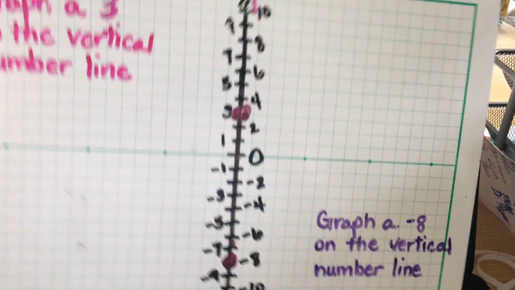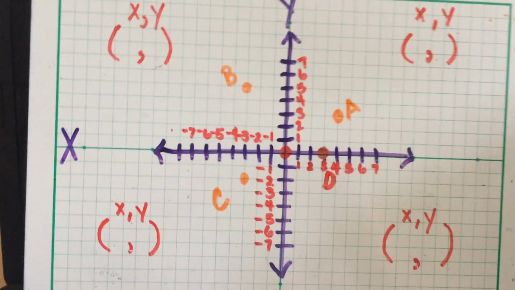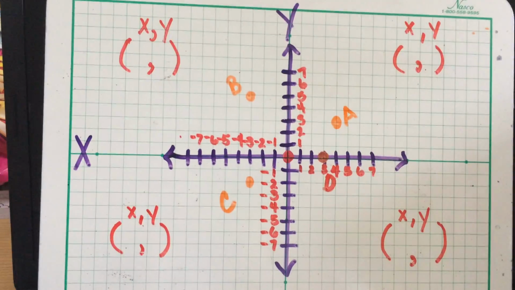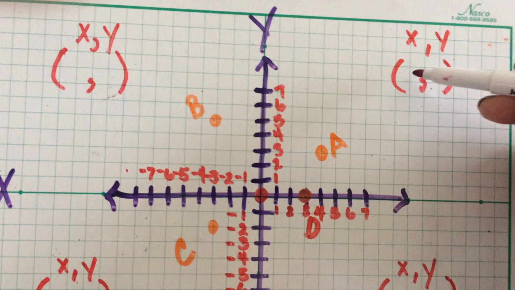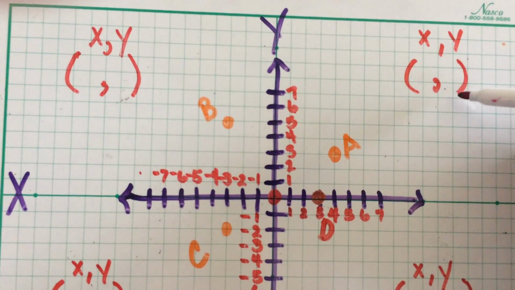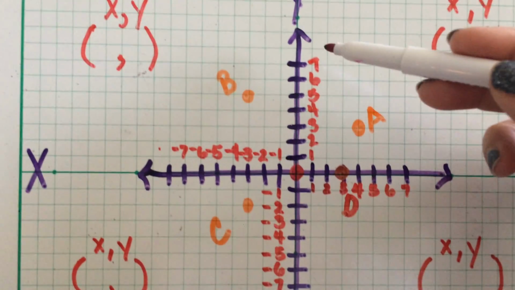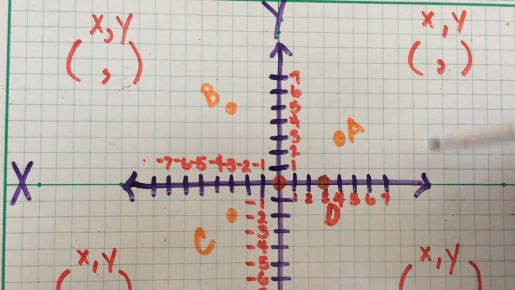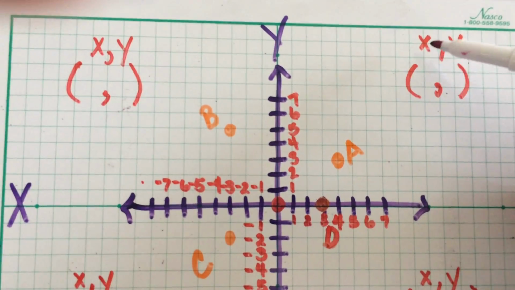The next assignment that you will have in IXL asks you to find the coordinates for dots that they've already placed there. I wrote this like this so that it will remind you that the X comes first and the Y comes second. If we look at point A, which is in quadrant 1, you remember that from the other day, we're going to find X first.